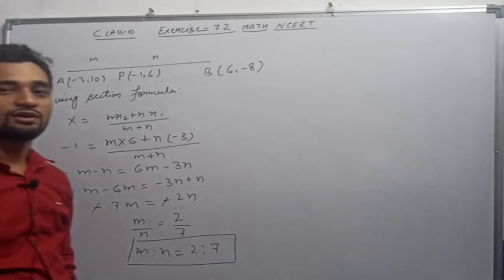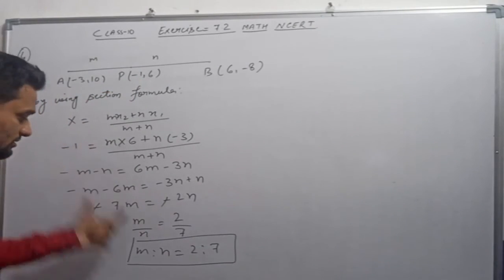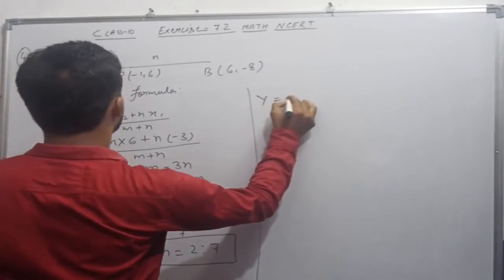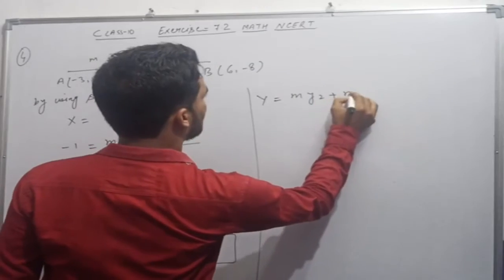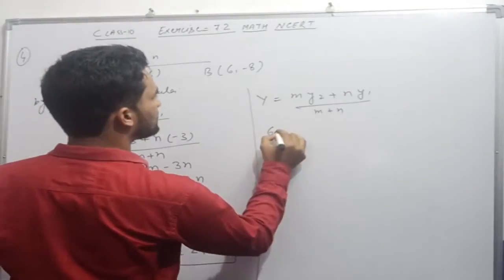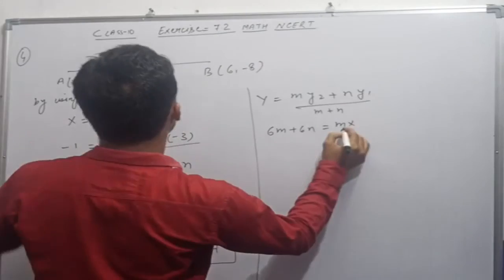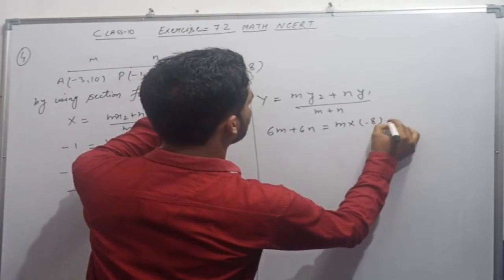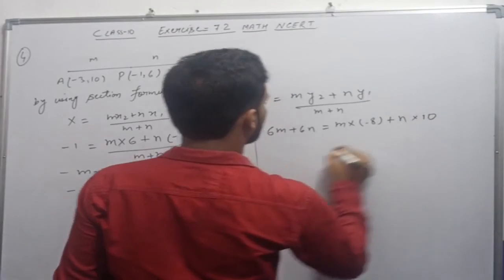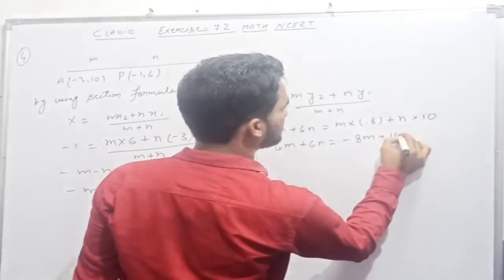Now in this 2:7 ratio the point divides the line segment. One more thing, you can take the value of y as well. If you solve with y, the answer will be the same. Here I am showing it, a little fast. y equals (m y2 plus n y1) upon (m plus n). So 6m plus 6n is equal to m into y2, which is minus 8, plus n into y1, which is 10. So 6m plus 6n equals minus 8m plus 10n.